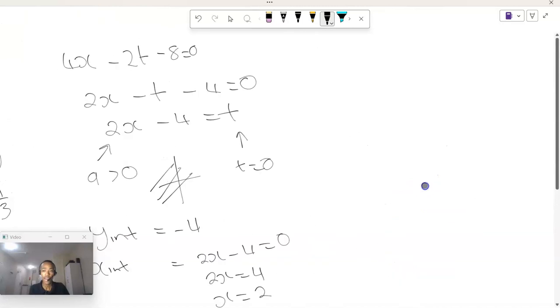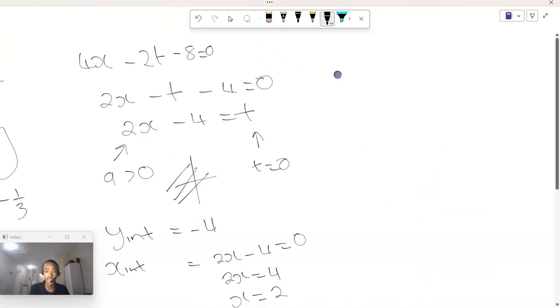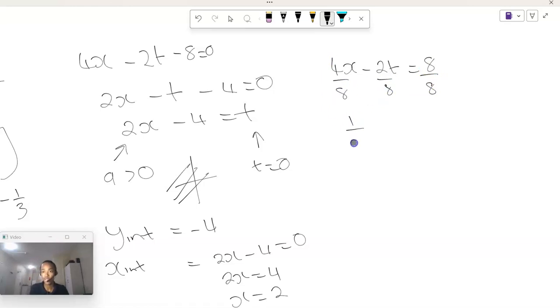So that's our x-intercept. If you want to use that formula, you have 4x minus 2t equal to 8, then divide everything by 8. So this will be 1 over 2 x, and this will be 1 over 4 t, which is 1.